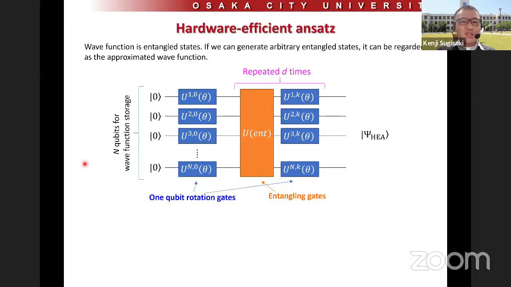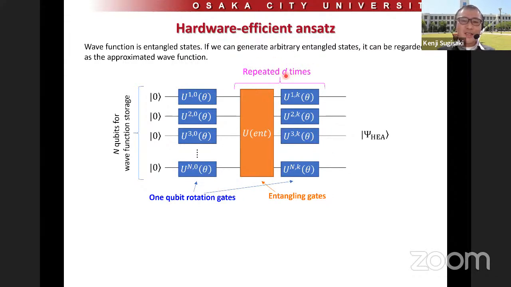We have n qubits for the wave function, and usually we apply a one-qubit rotation gate, and then perform another gate, which can be 2 or 3 qubit, usually a 2-qubit gate, to generate the entanglement between the qubits, and then perform another single-qubit rotation gate. And this sequence is repeated D times.